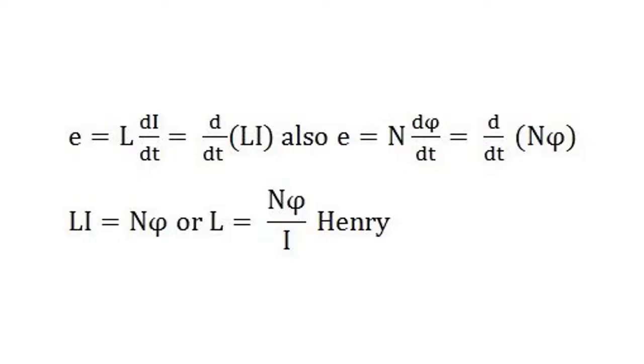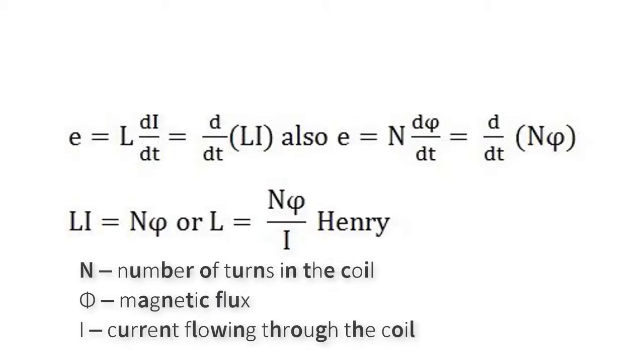Also E equals N d phi by dt, which is d by dt of N phi. So L into I equals N phi, or L equals N phi upon I, in Henry, where N is the number of turns in the coil, phi is the magnetic flux, and I is the current flowing through the coil.